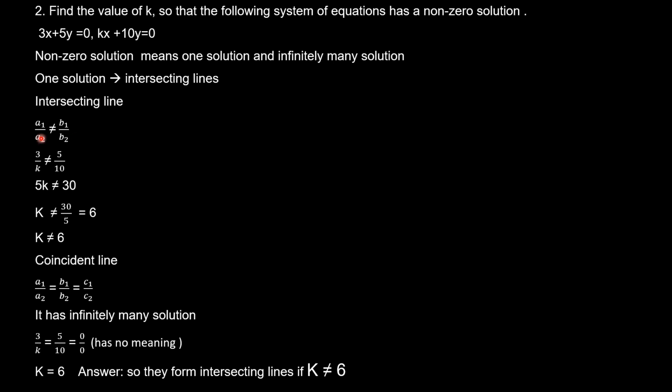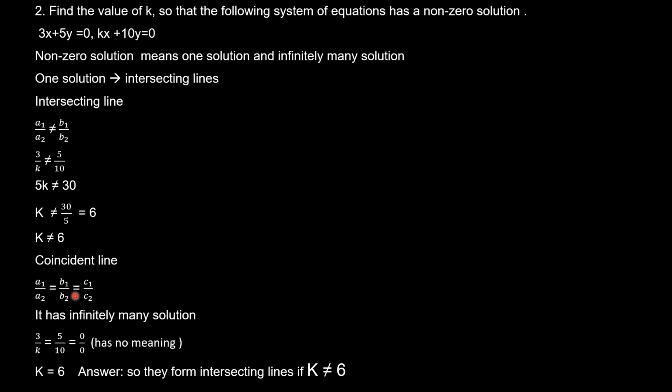Intersecting line means a1 by a2 is not equal to b1 by b2. That means you can take 3 by k is not equal to 5 by 10. Cross multiply, 5k is not equal to 30, k is not equal to 30 by 5, that is 6. So k is not equal to 6.